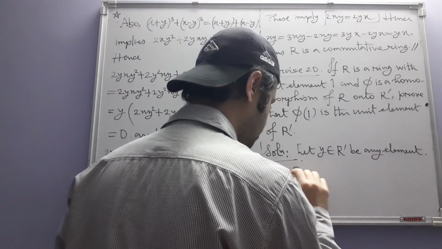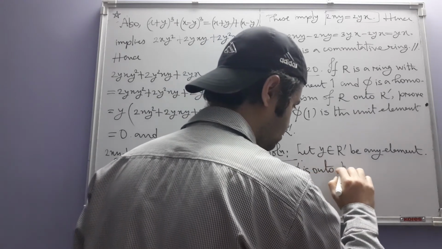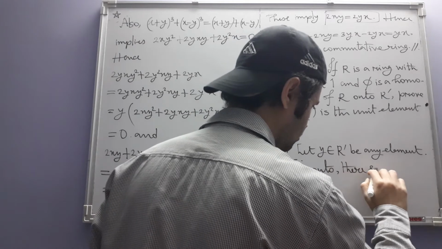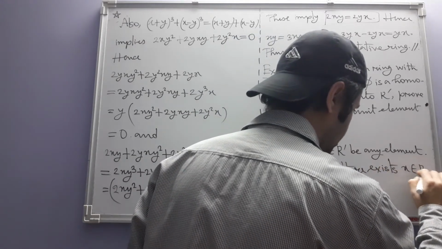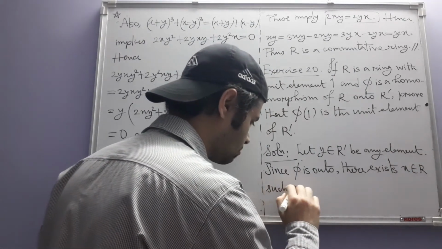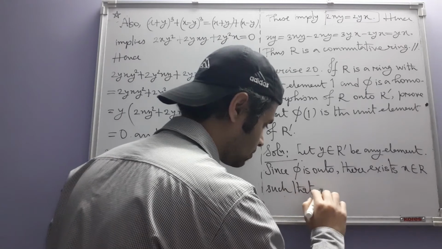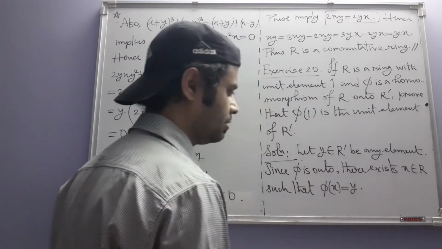Since phi is onto, there exists an element x in the domain ring R such that phi of x is equal to y.